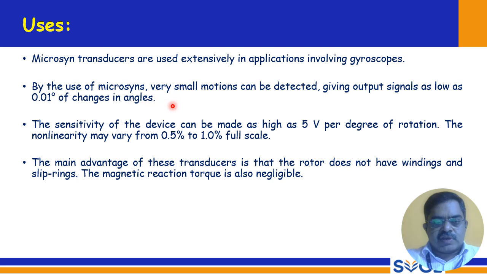The sensitivity of the device can be made as high as 5 volts per degree of rotation. The nonlinearity may vary from 0.5% to 1% of full scale value. The main advantage of these transducers is that the rotor does not have windings and slip rings. The magnetic reaction torque is also negligible here.